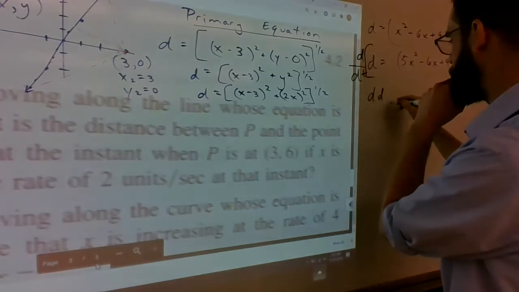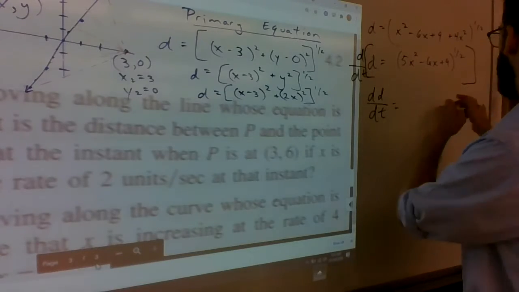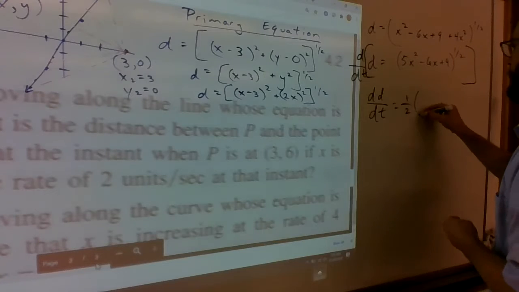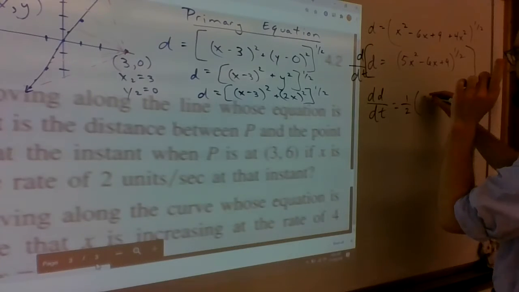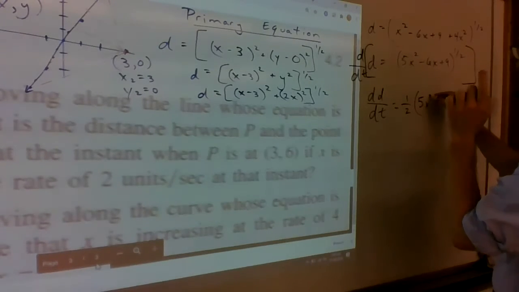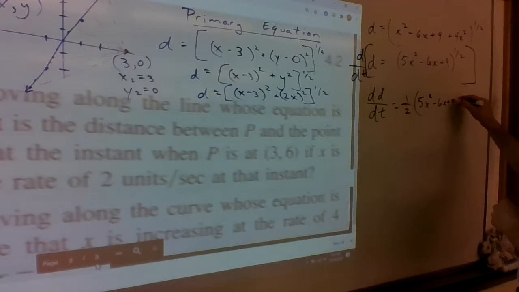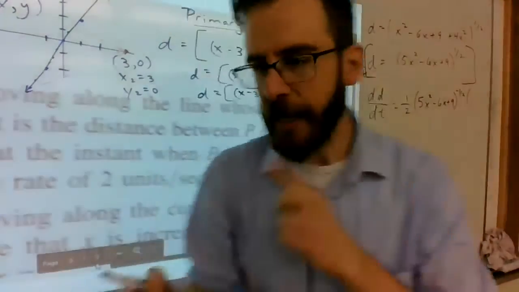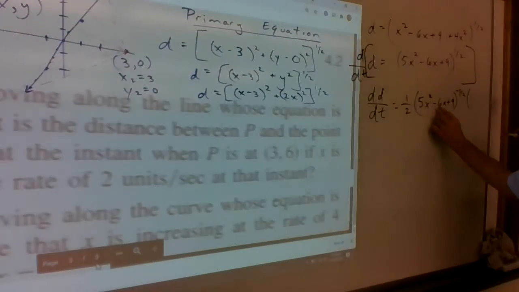So the change of the distance with respect to time is: bring the half down. We've got to do chain rule. Rewrite the inside, don't take the derivative of it just yet. Take 1 away from the power. Multiply by the derivative of the inside. I hope you guys can see that. You can. Okay, 10x minus 6.